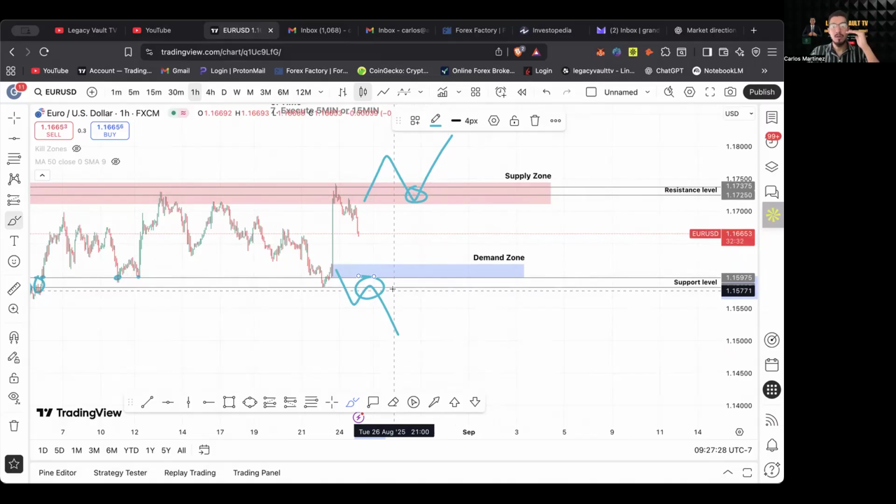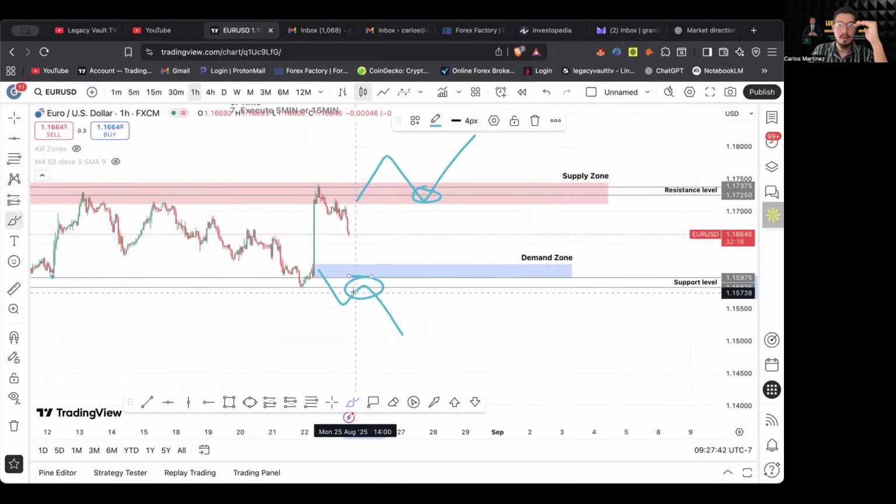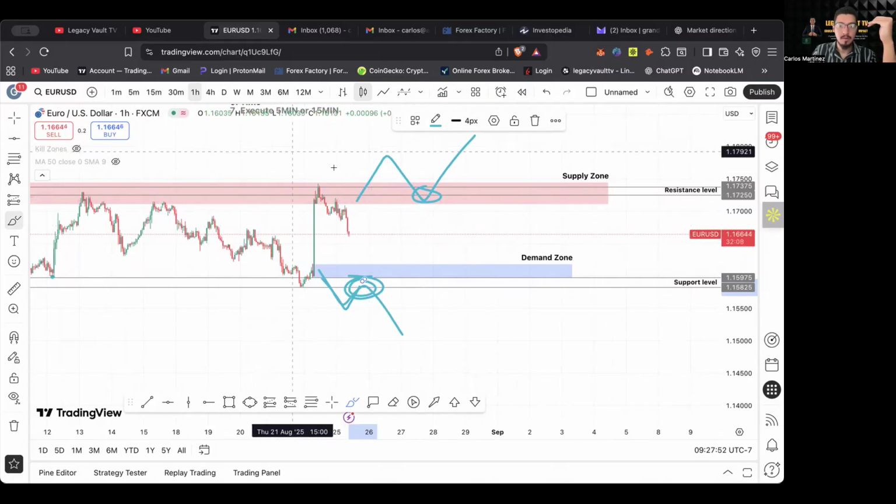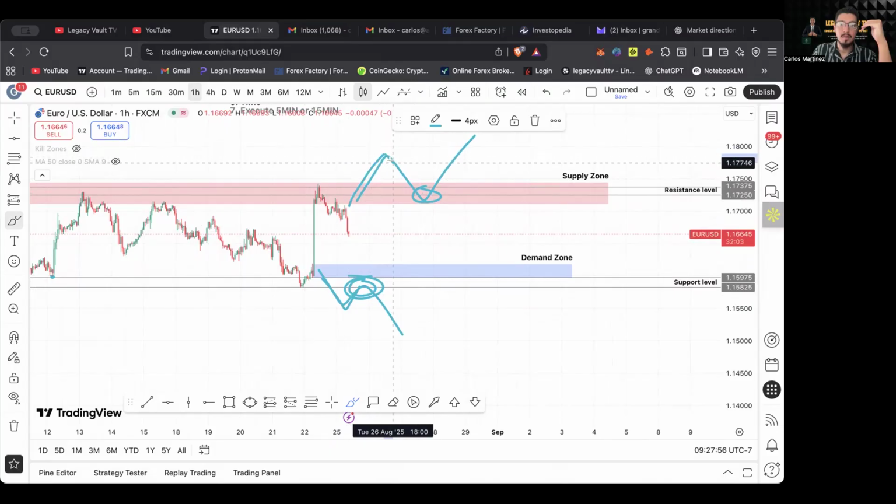Now your floor becomes a new ceiling. It becomes resistance. You see, this was once your floor, you break below, now your floor becomes the new ceiling, and vice versa. When you break above your ceiling, it now becomes the new floor.